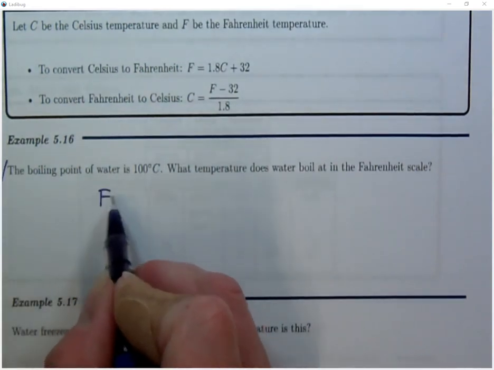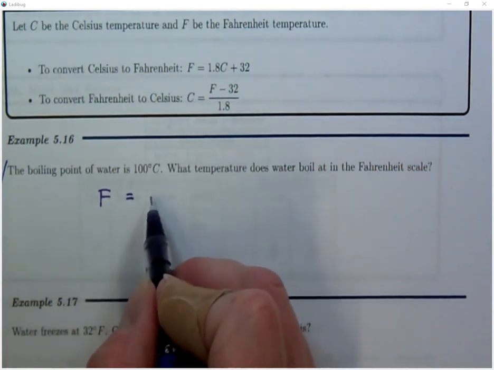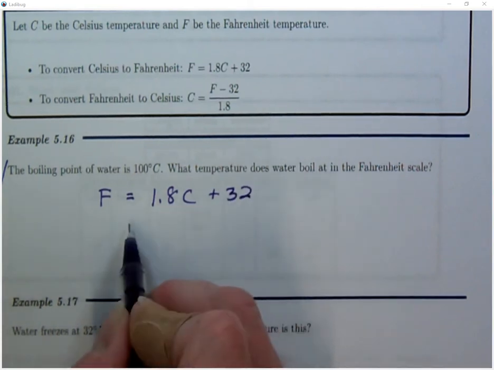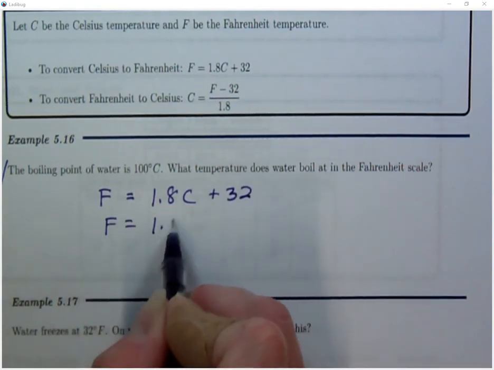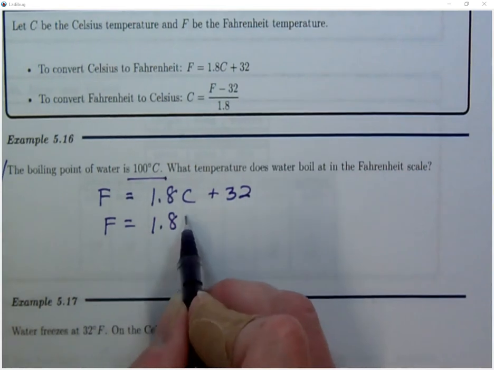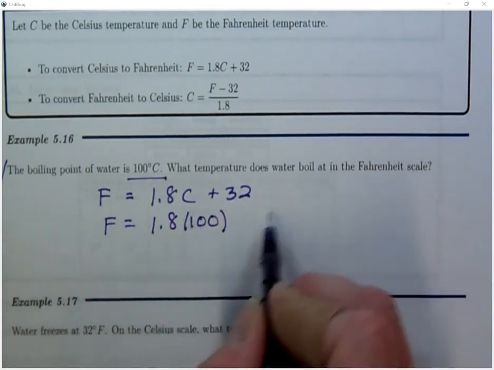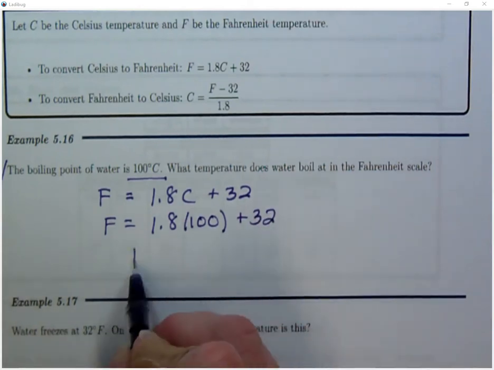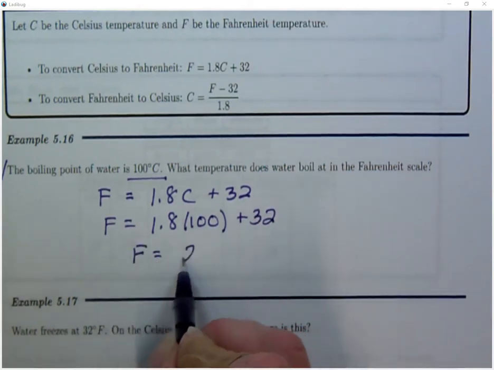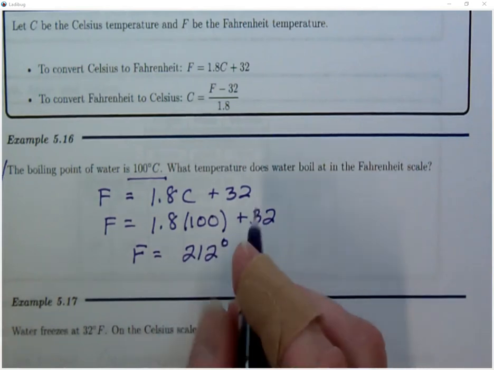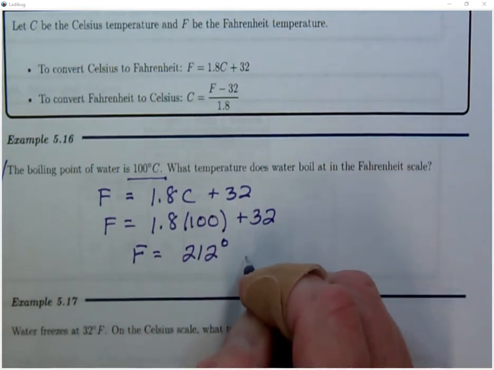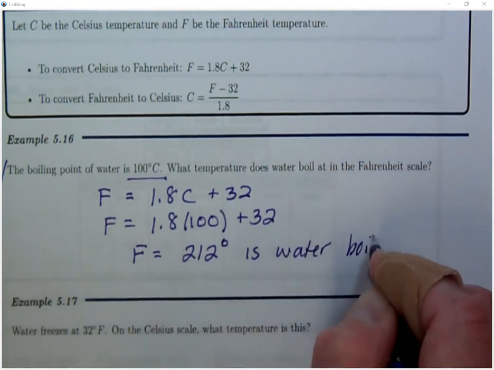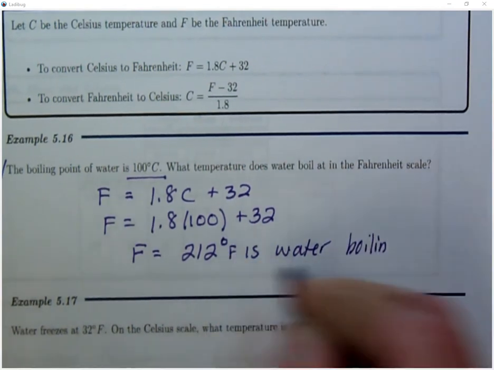So Fahrenheit equals 1.8 Celsius plus 32. So my Celsius is 100 degrees, so I'm going to fill that in, just plugging in. Follow order of operations, and you get 212 degrees. It's water's boiling point. And that's in Fahrenheit.